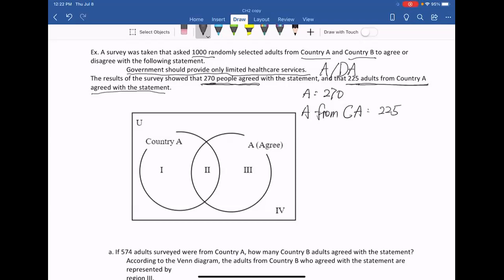So the rest of them are from country B. So agree from country B is 270 minus 225, which is 45.